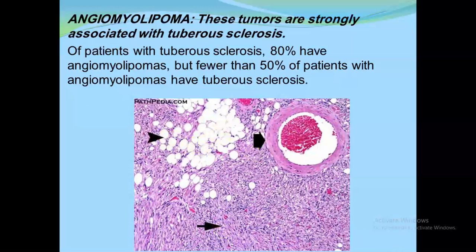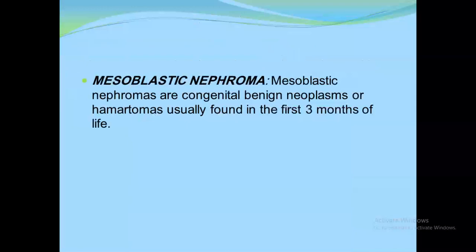But if we take angiomyolipoma cases as a whole, half of them have tuberous sclerosis. Mesoblastic nephroma is a congenital benign tumor of the kidney, and it is a hamartomatous lesion. What is a hamartoma? A hamartoma means finding normal tissue or benign tissue in an abnormal site.